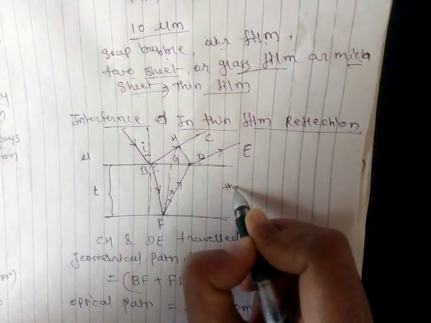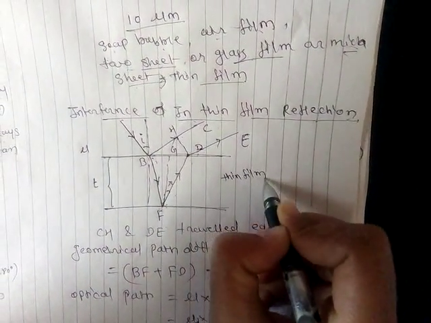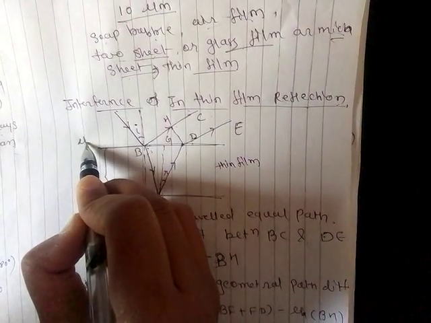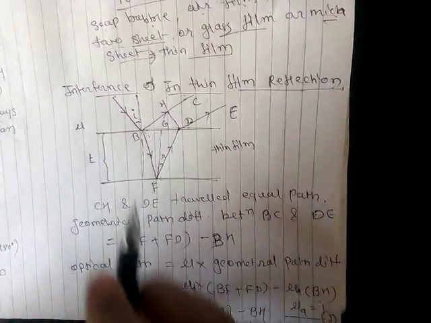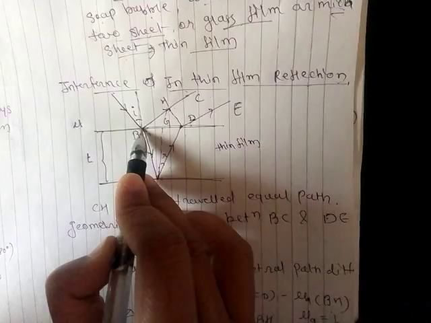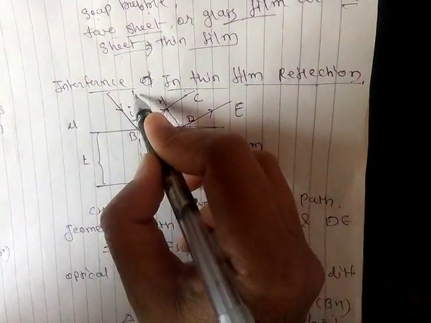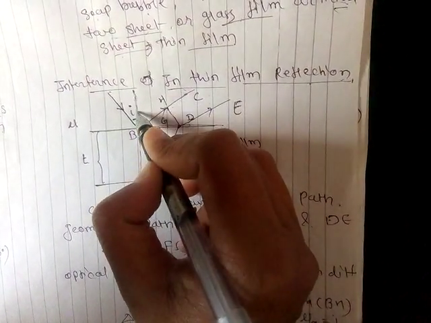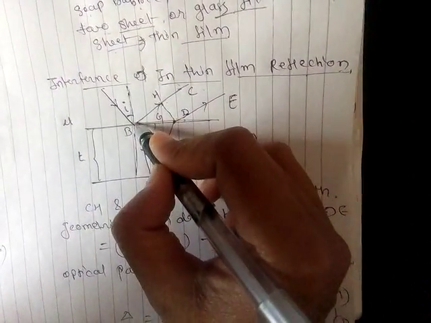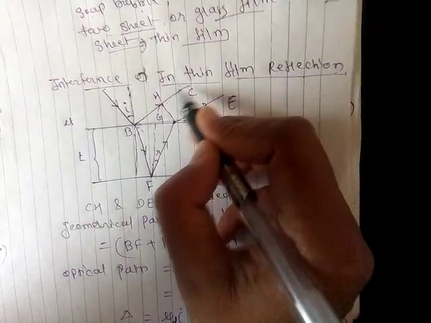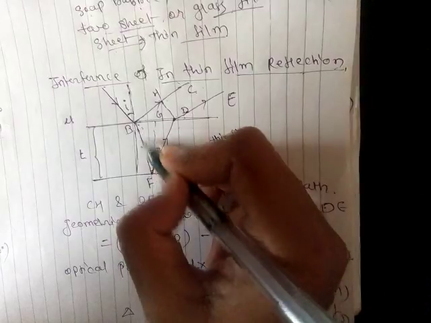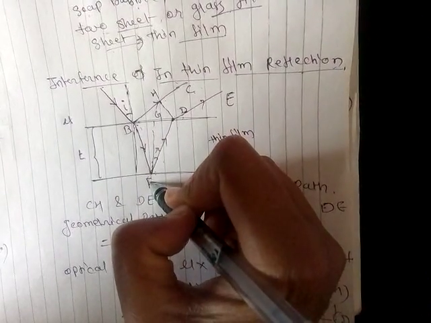This is the thin film having thickness t and refractive index mu. When the light ray is incident on the surface of the thin film, making an angle i with the normal, it gets partially reflected along BC and partially refracted along BF.